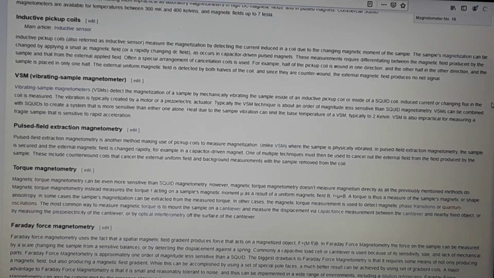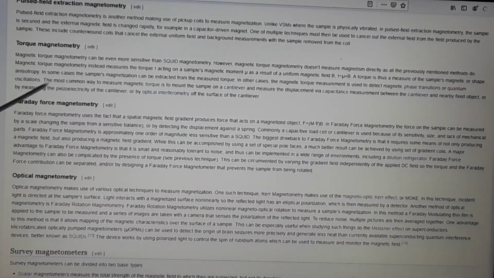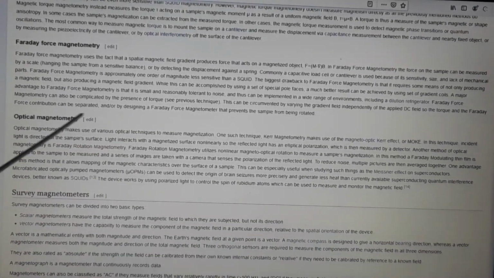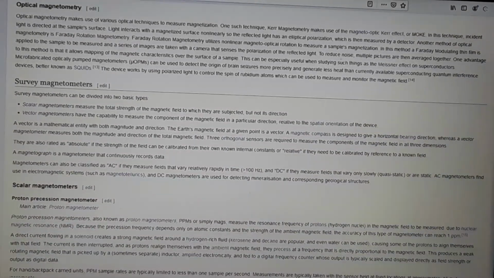I'm not going to get into the descriptions, I'm just going to read these off. You have the VSM, which is vibrating sample magnetometer, pulsed field extraction magnetometer, torque magnetometry, Faraday force magnetometry, optical magnetometry, survey magnetometers, scalar.